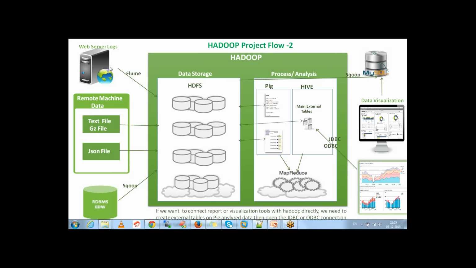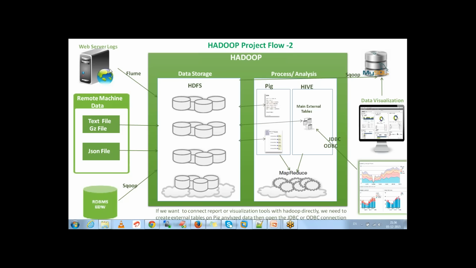That's why we are not doing real-time processing with Hive, Pig or MapReduce. So we will execute whatever workflow we designed every hour, every day, weekly or monthly, and like that we'll execute these Hive, Pig or MapReduce jobs.